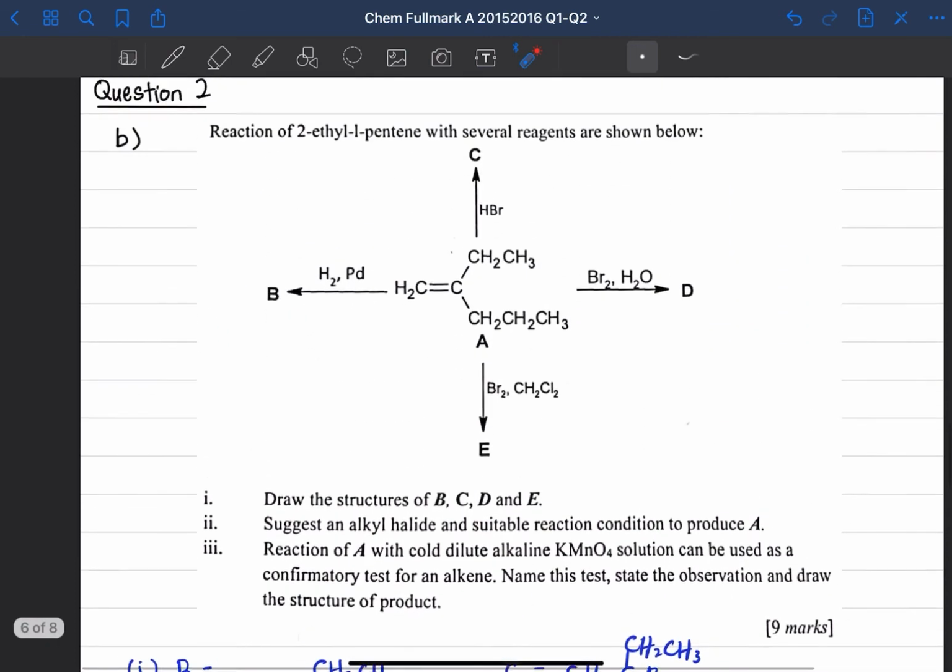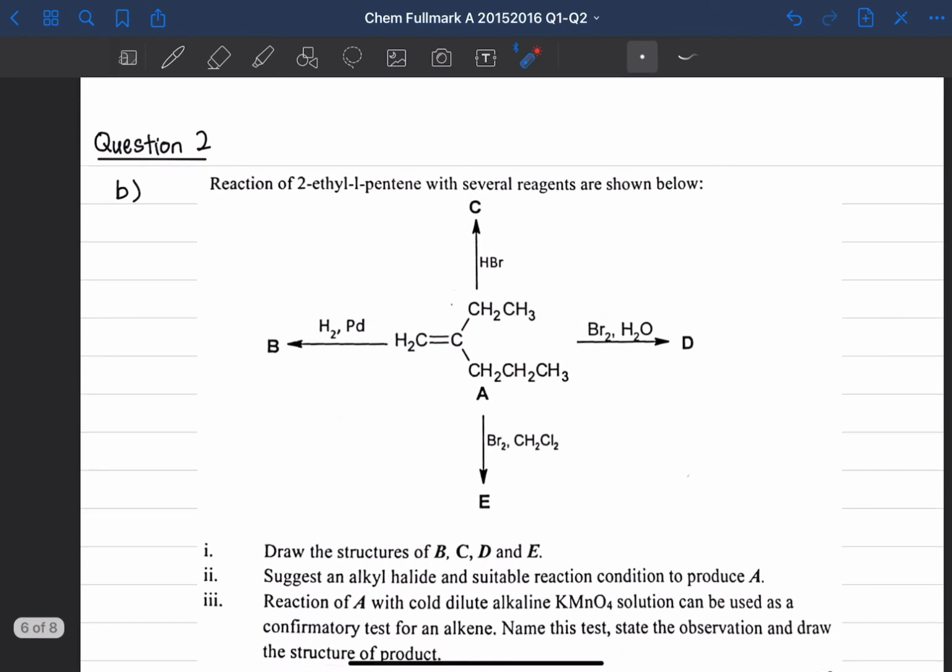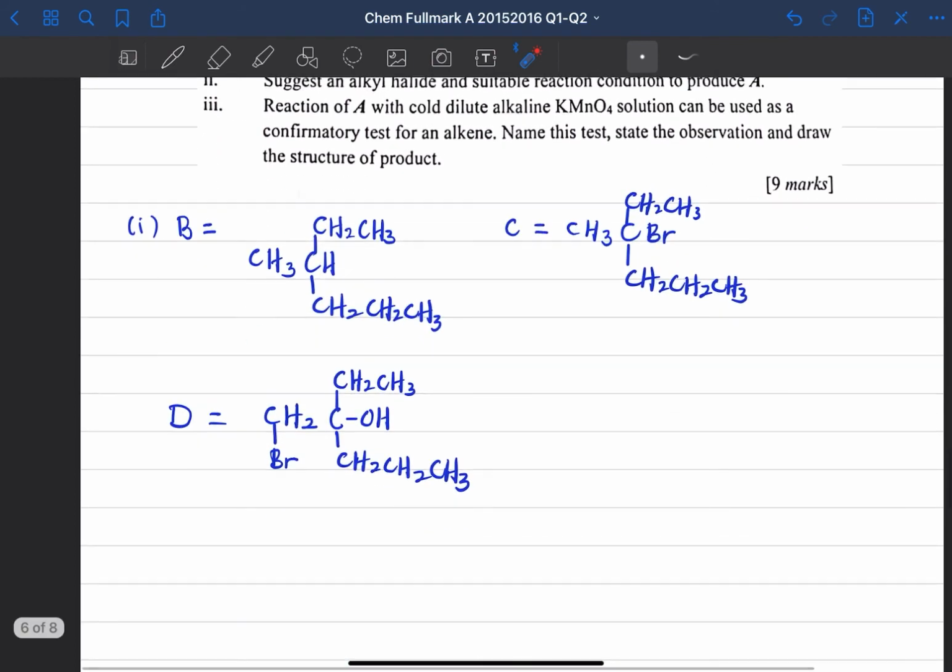Right, the last one, A with bromine in dichloromethane. So dichloromethane is the inert solvent. So bromine will come to CH2 and another bromine will come to this carbon. So CH2 we add bromine, C also we add bromine.